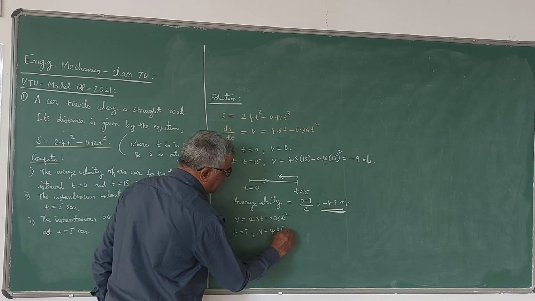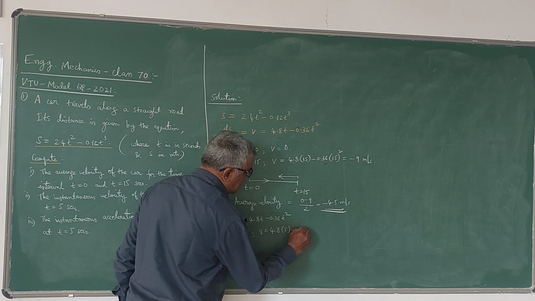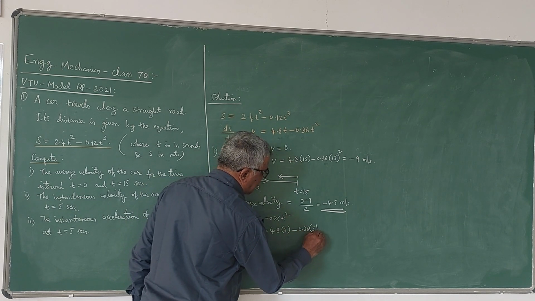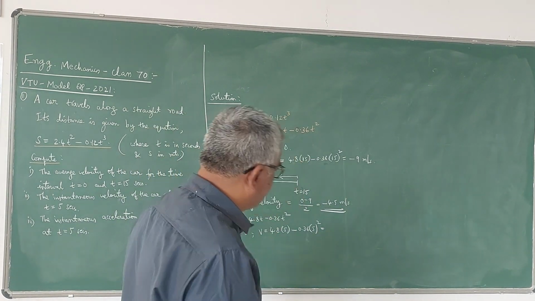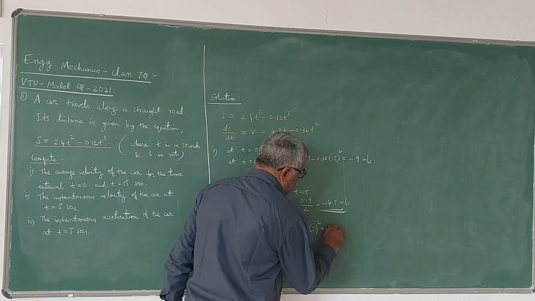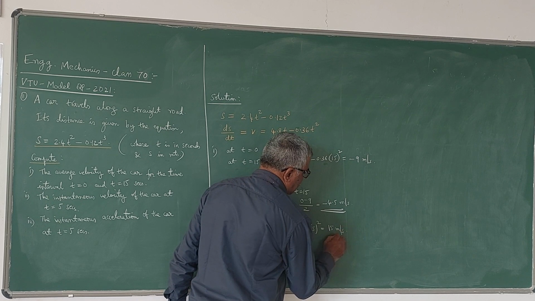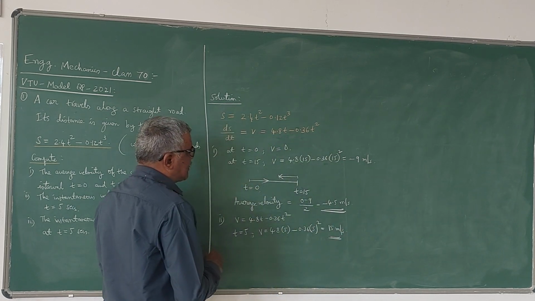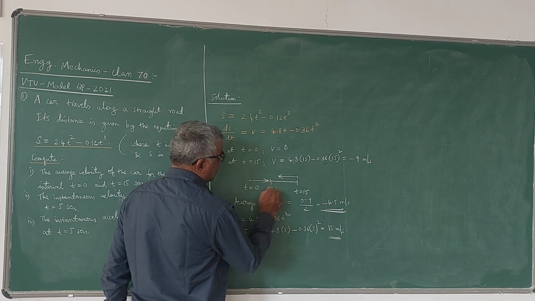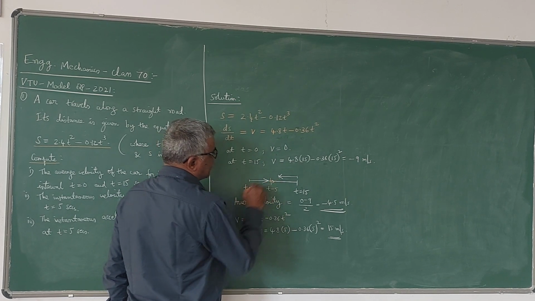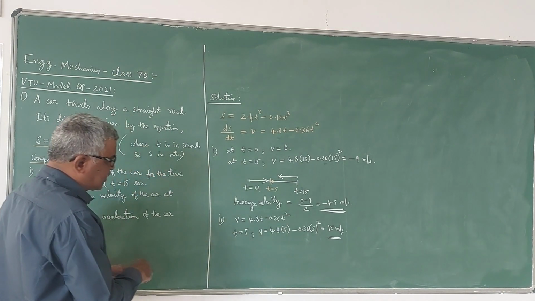So 4.8 into 5 minus 0.36 into 5 square, which after simplification you are going to get as 15 meter per second. So you are getting a positive value, that means at t is equal to 5 seconds it is moving in the same direction. That is the physical interpretation of that.